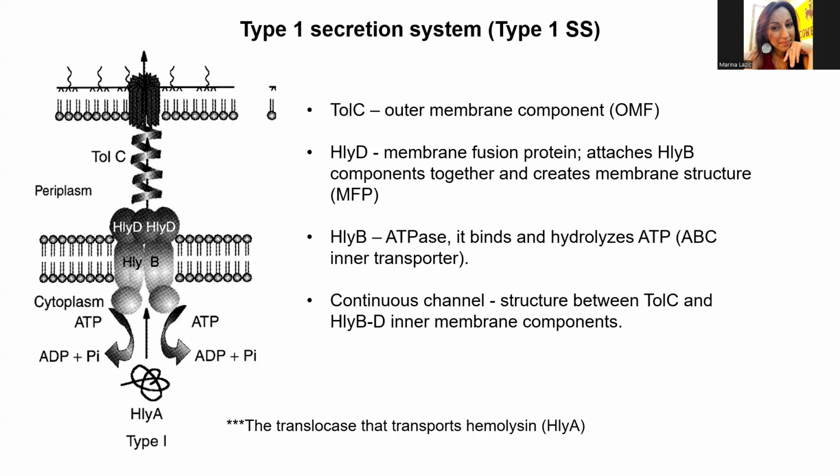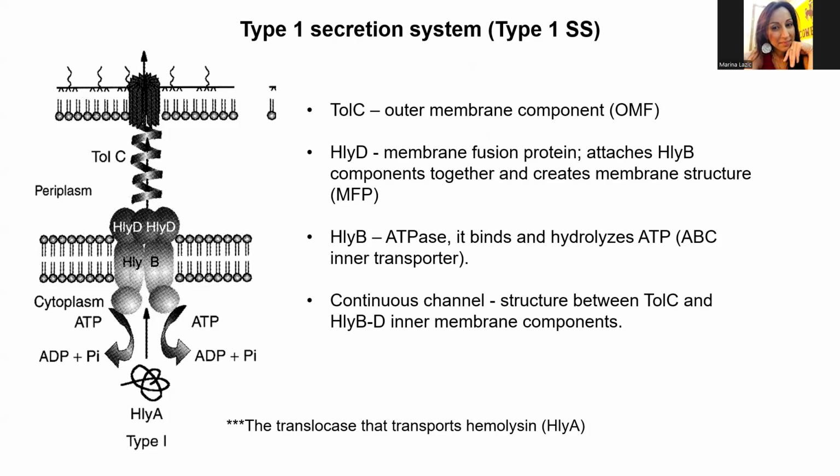TolC is a very common part of type 1 secretion system. If I ever ask you what is the landmark for type 1 secretion system, you will tell me the outer membrane protein TolC. That TolC will be standard, and then in many examples you will have variations, like there will usually be an inner membrane component.